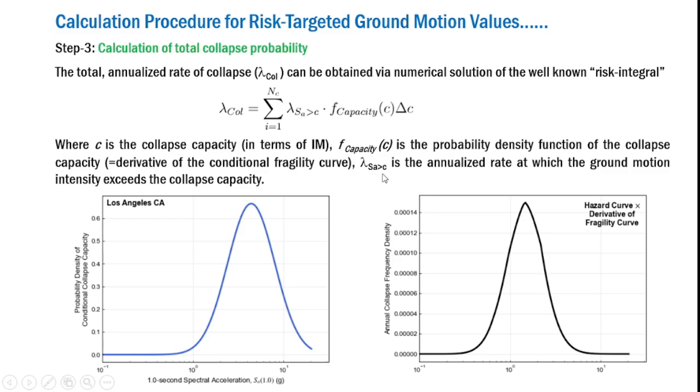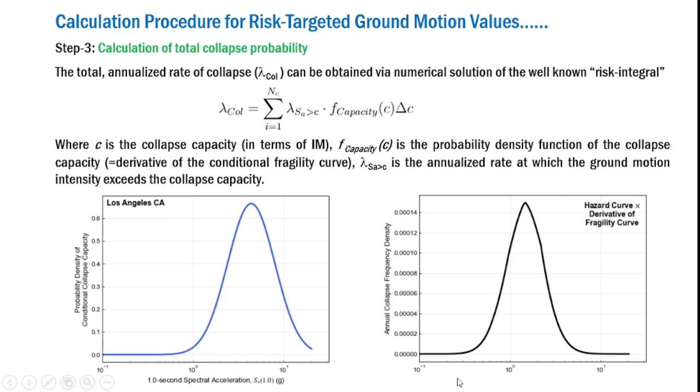Now what is lambda SA over C? This is the analyzed rate at which the ground motion intensity exceeds the collapse capacity. In other words, this is nothing but the summation of the product of the hazard curve multiplied by the derivative of the fragility curve. The result is presented in this curve, where I have written hazard curve multiplied by derivative of the fragility curve.